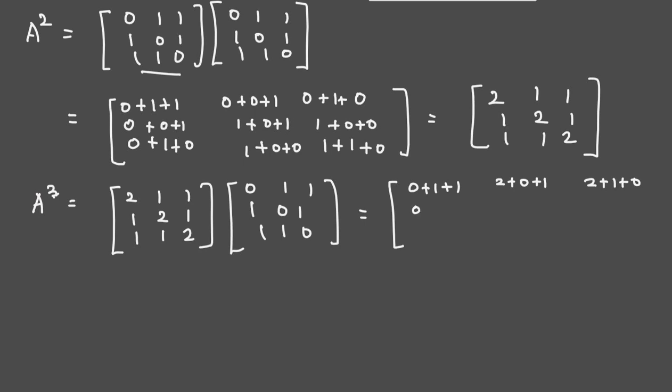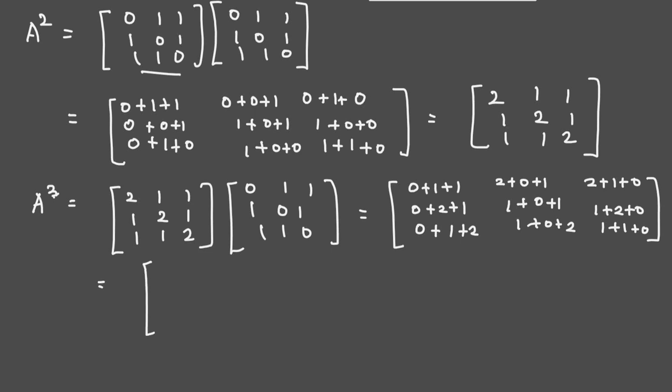Second row, first column 0 plus 2 plus 1. Second row, second column 1 plus 0 plus 1. Second row, third column 1 plus 2 plus 0. Third row, first column 0 plus 1 plus 2. Third row, second column 1 plus 0 plus 2. Third row, third column 1 plus 1 plus 0. Now this is equal to the matrix 2, 3, 3, 3, 2, 3, 3, 3, 2.